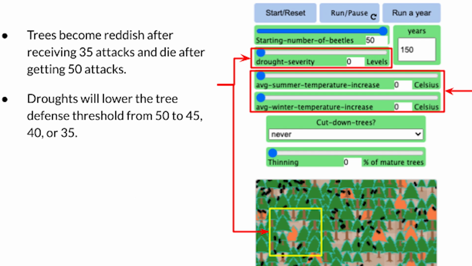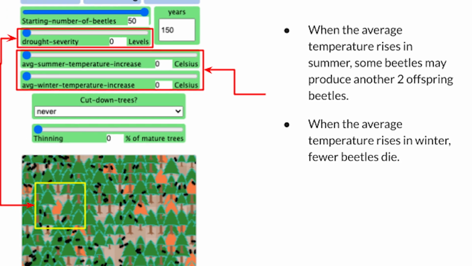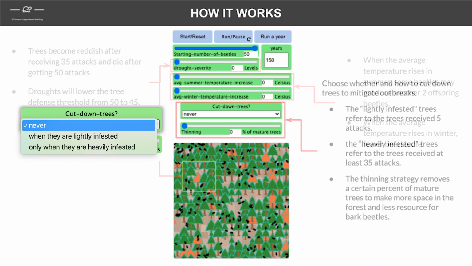Droughts may lower this defense threshold. When no temperature increases, each beetle produces 2 offspring beetles. When temperature increases, some beetles may produce 2 more offspring beetles. The higher the temperature rises, the more beetles are able to do so. When the temperature rises in winter, fewer beetles die.